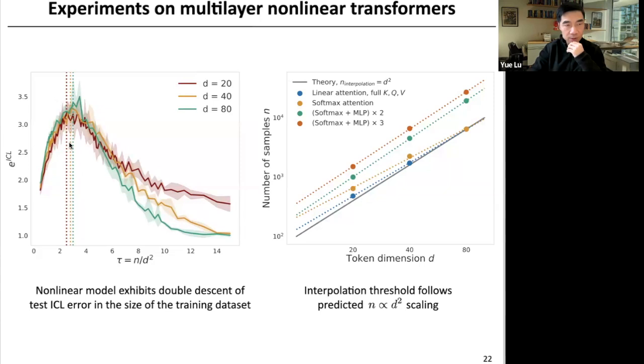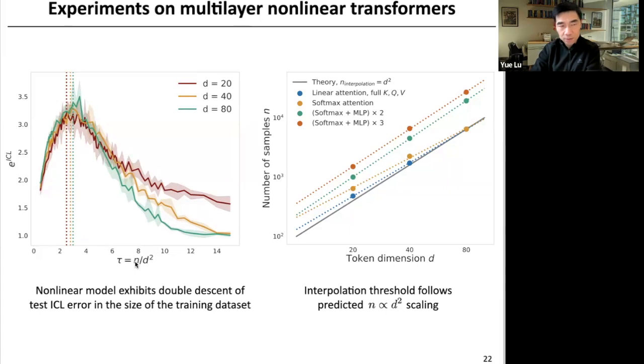The first experiment that we have done is the following. We considered the generalization error as a function of the sample complexity. You can see that indeed the scalings that we consider seem to be correct. There is still a double descent phenomenon, and there is also an interpolation threshold at this point, and n over d squared seems to be the correct scaling.